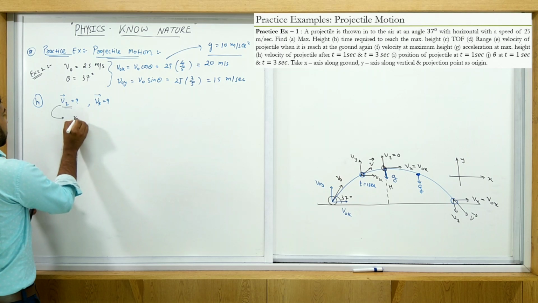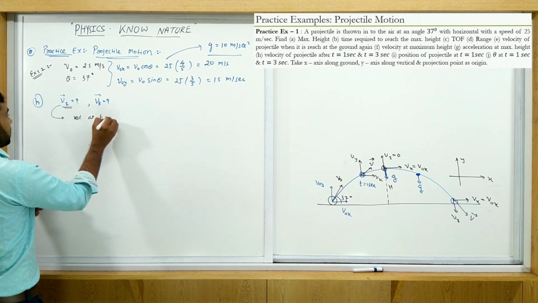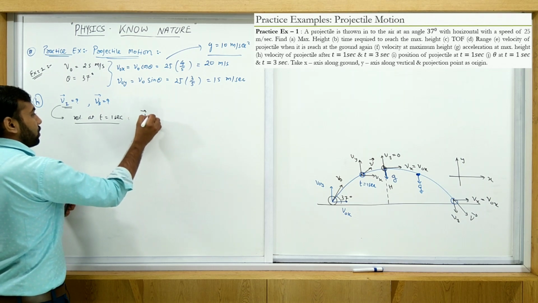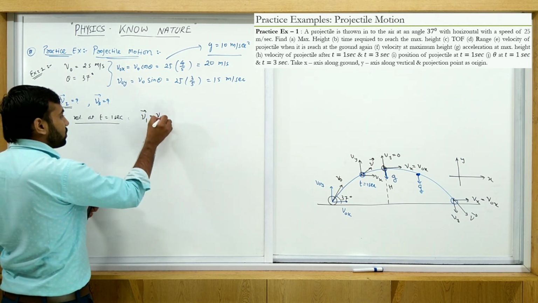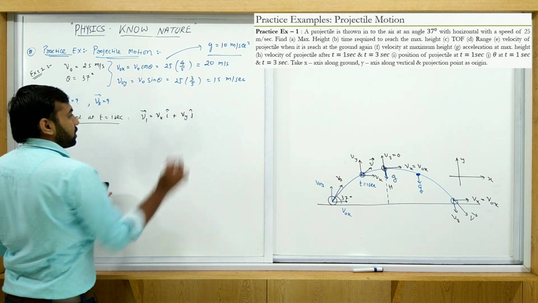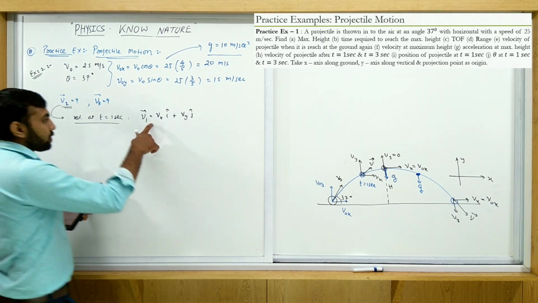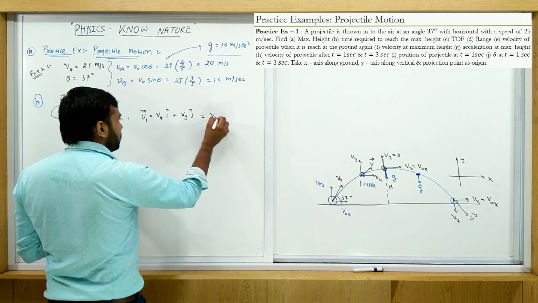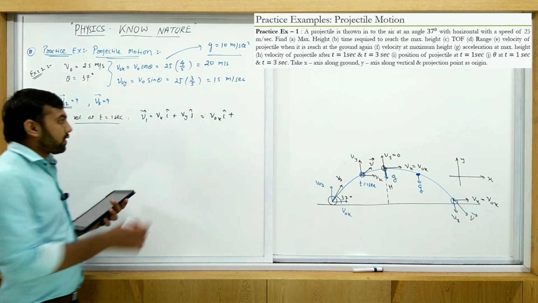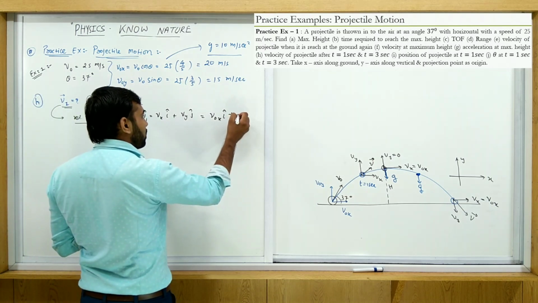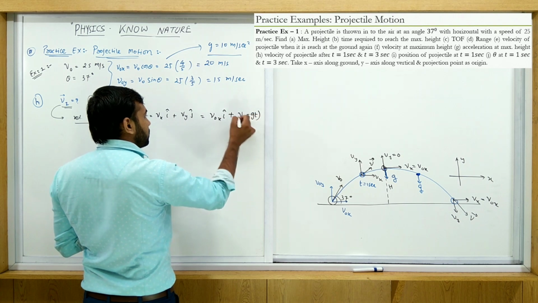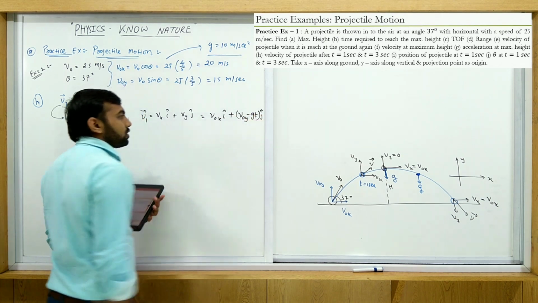Let's write the velocity at t equal to 1 second. v1 is equal to vx i plus vy j. Vx is fixed, v naught x i, plus vy, where you put the accelerated motion equation: v naught y minus g t, j.